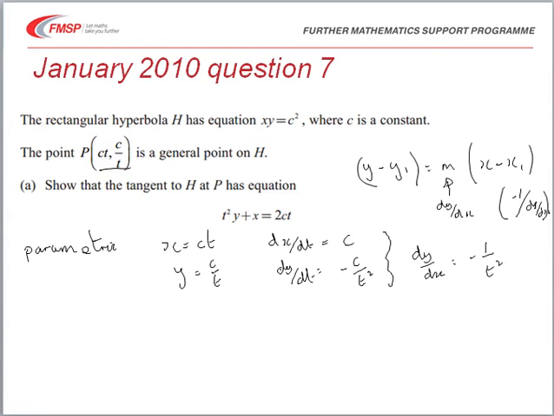An alternative way is if you have met implicit differentiation.